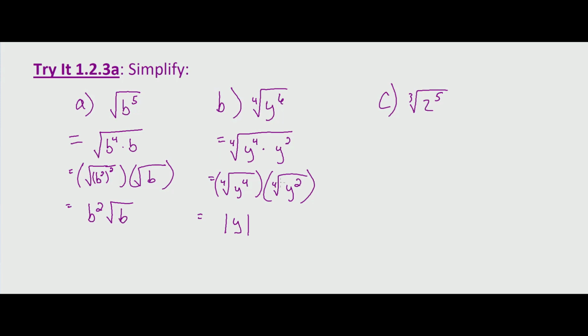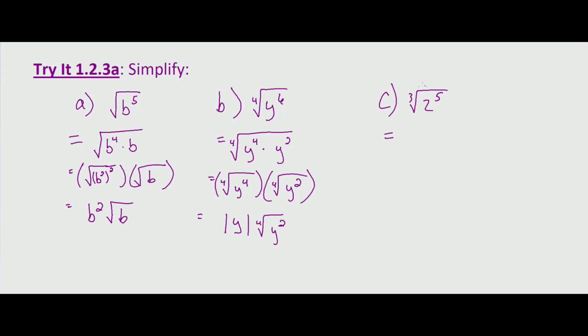So that's the absolute value of y times the fourth root of y squared. And again, we needed the absolute value because what we're left with isn't being squared or taken to an even power. It's just simply y by itself, and since it's to the first power, we have to indicate, since y could be negative, that we're taking the absolute value.